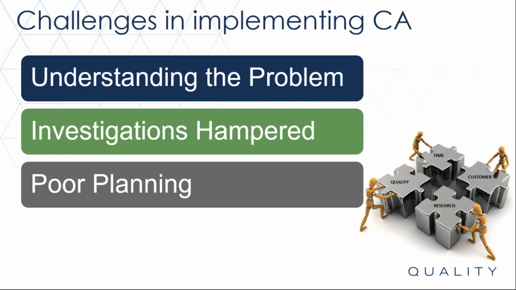And poor planning. If the planning is not right, I mean to say that if you do not have all the information about your corrective action, you do not have the right team in place, for example, if it is a problem dealing with equipment and your equipment expert is not there, your maintenance manager is not there in the team, I call it poor planning, because it has something to do with equipment.